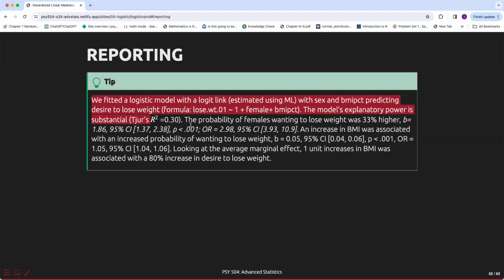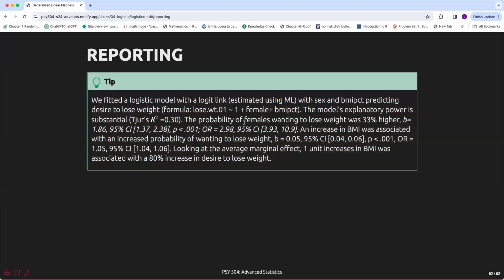So I said we fitted a logistic model with a logit link with sex and BMI predicting desire to lose weight, and I included the formula here. So the model's explanatory power is substantial. As I said, they used the Tjur's R squared, which is 0.3, which is a little higher than the McFadden's R squared. The probability of females wanting to lose weight was 33% higher. So that's our marginal effect, right? And then what I have in the statistical part is the log odds and the odds ratio.